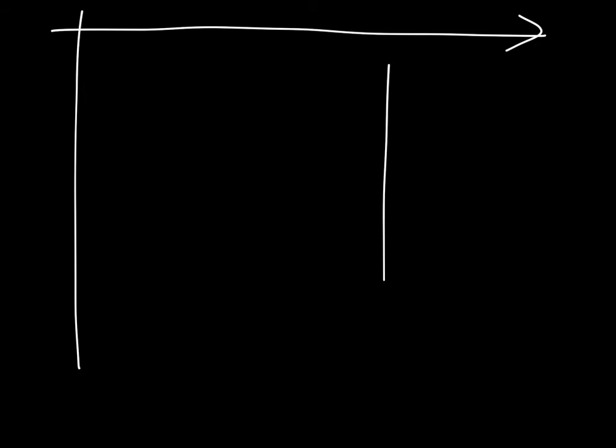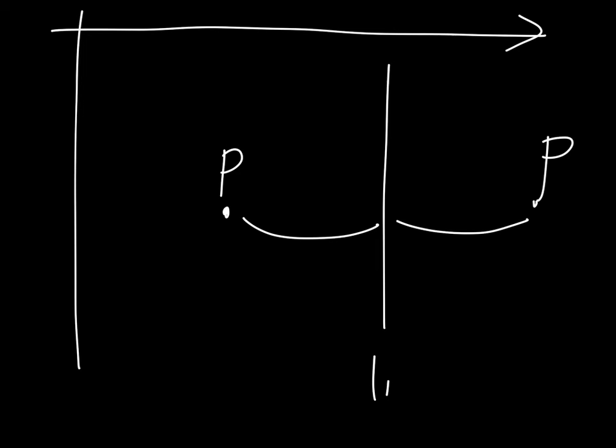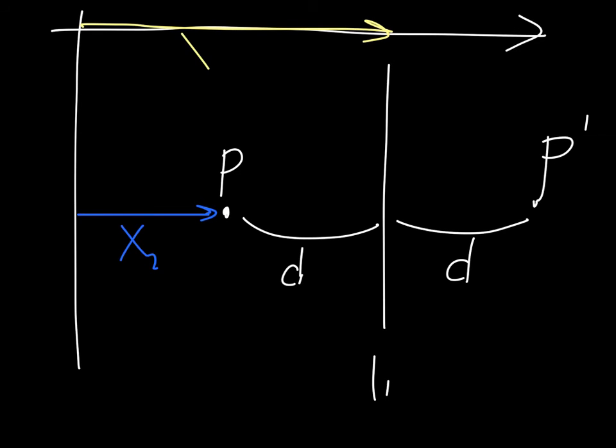So let's quickly redraw our axes, sketch in the line again, drop in our point and put on the details. That's going to be the new point. That distance we agreed was d, the same as that. We agreed that distance was x2, and we agreed that distance was x1.